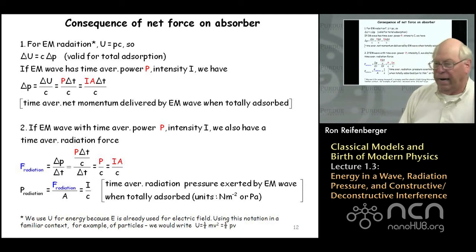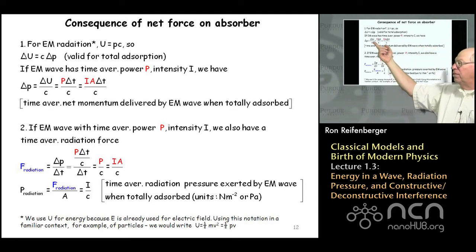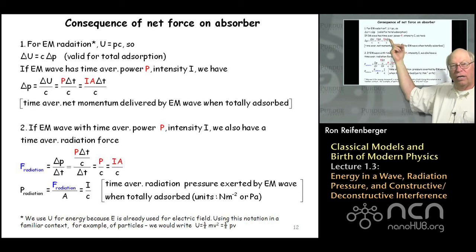You can work all that out, and I do that in this slide. Here I just show what the change in momentum of the electromagnetic wave imparts to the absorber. It turns out it's proportional to the intensity I, it's proportional to the cross-sectional area A, it depends on the length of time that the electromagnetic wave illuminates the absorber, and it's inversely proportional to the speed of the electromagnetic radiation.